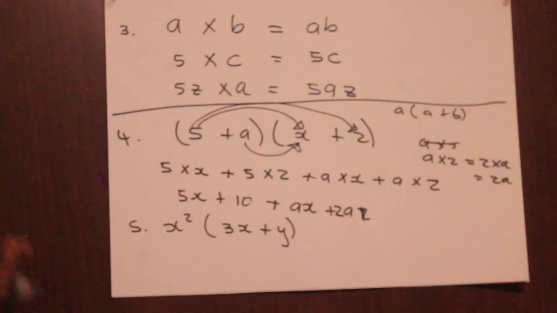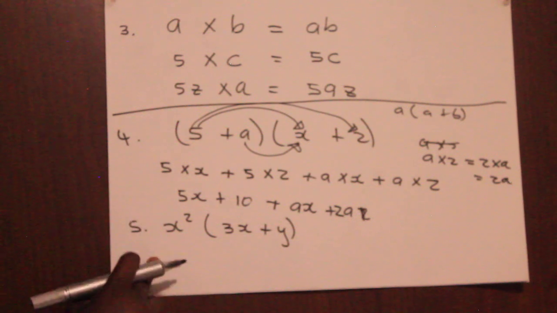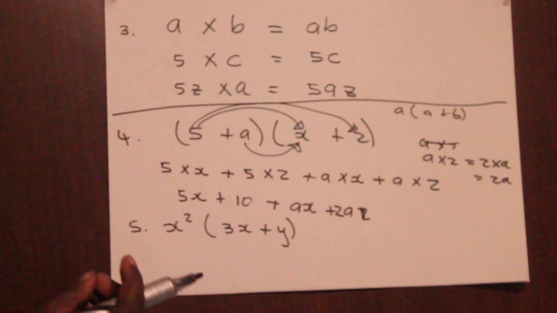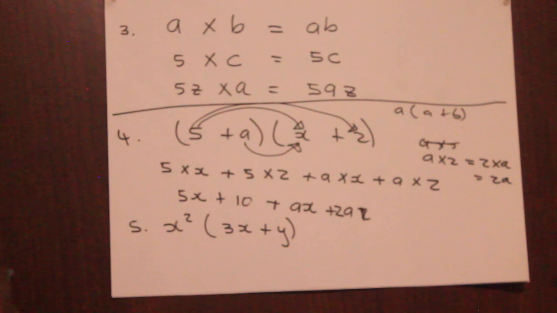Just pause the video and try to get this answer. Don't cheat yourself, okay? If you did not, please go back, pause the video and do this on your own. Thank you for doing it.